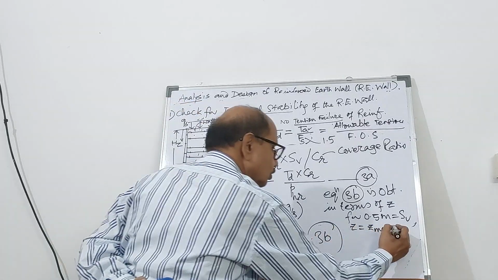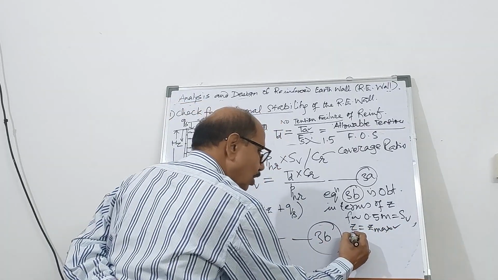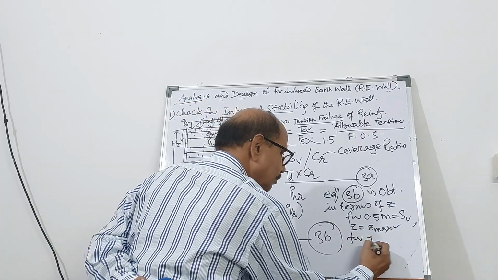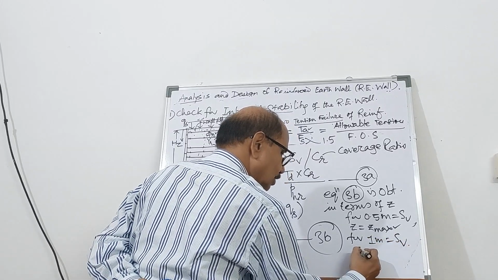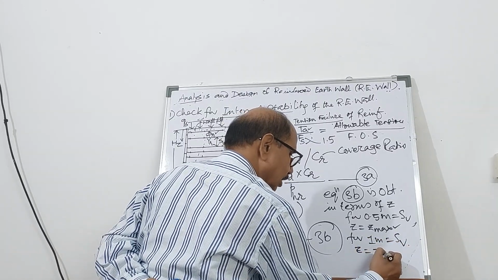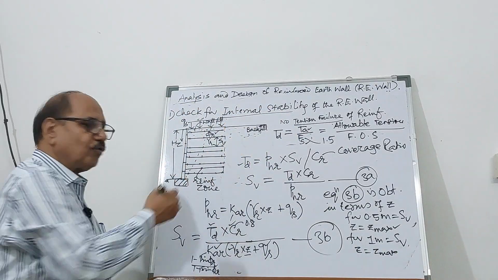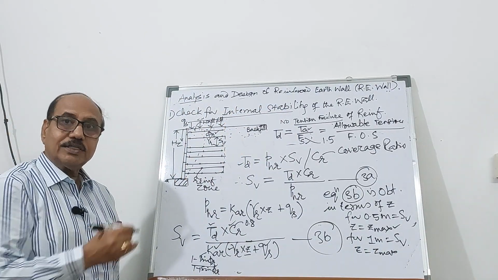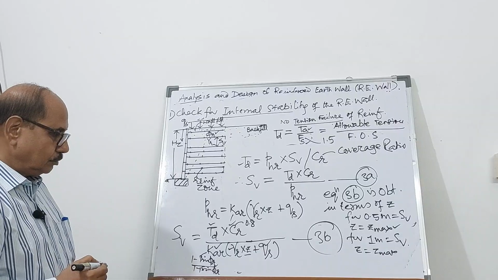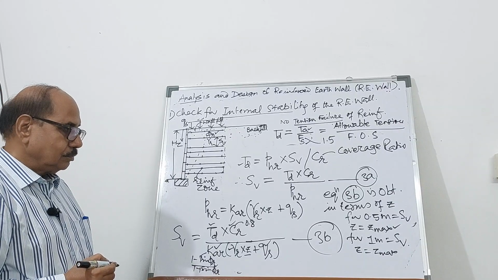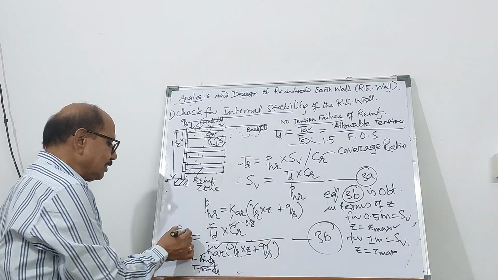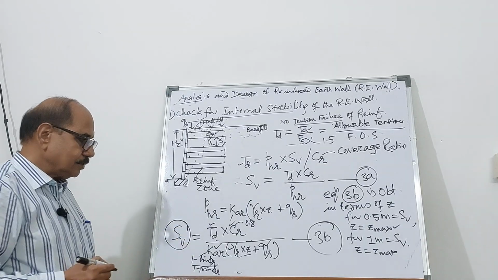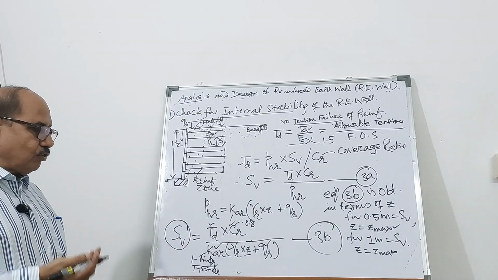I can find it out. Say for 1 meter spacing, what should be Z maximum? Up to what depth I can provide so that there is no tension failure. You got the point? So vertical spacing can be calculated without any problem.